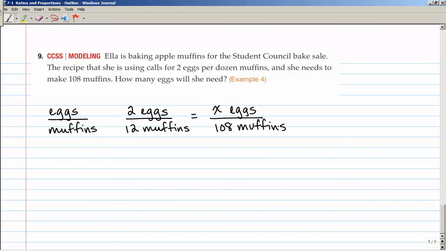And again, doing cross products, I will get 12x equals 2 times 108, which is 216, and dividing both sides by 12, I get 18 eggs. So in order to make 108 muffins, she's going to need 18 eggs.